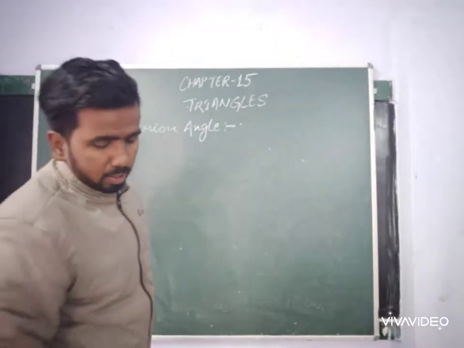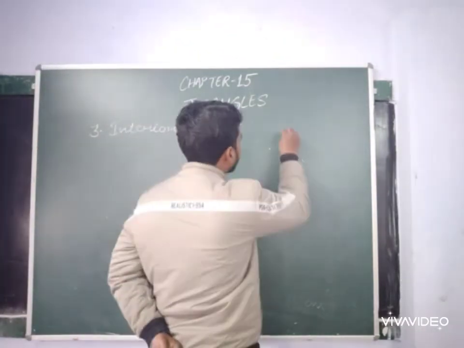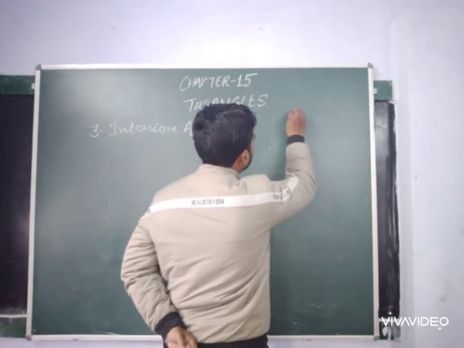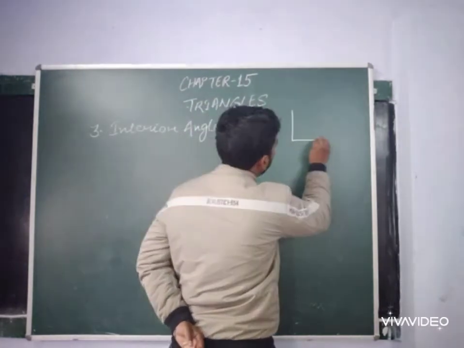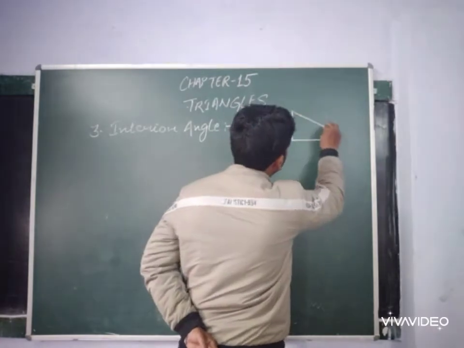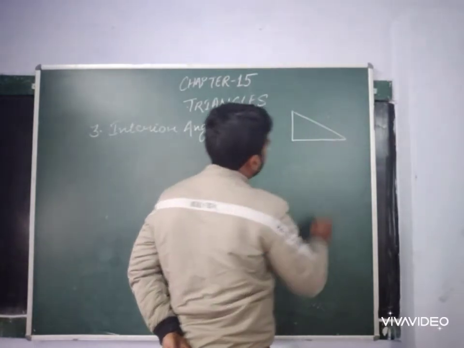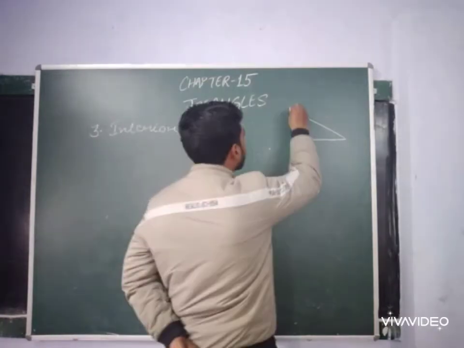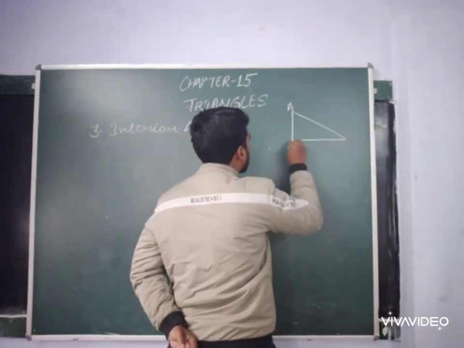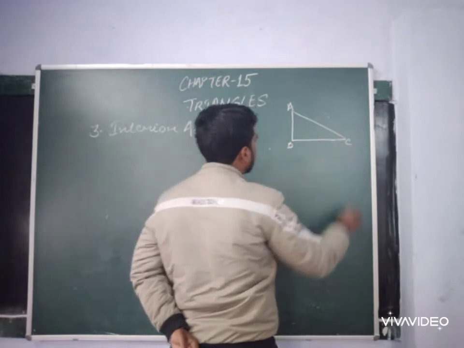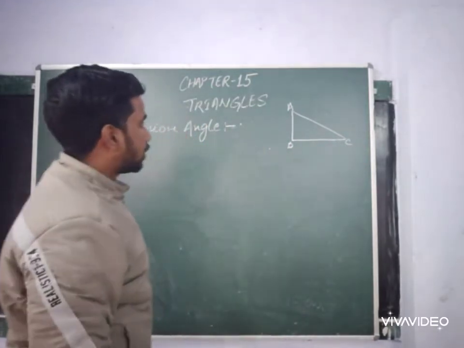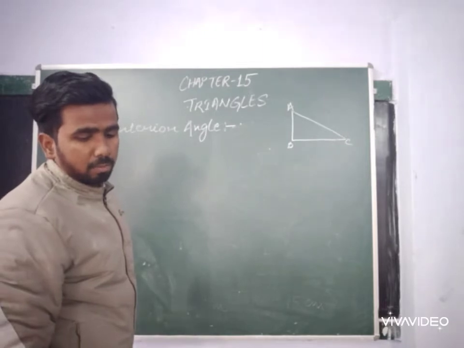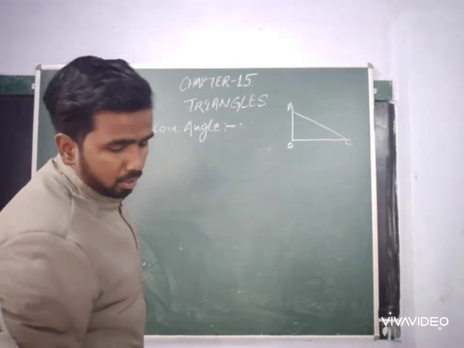So now let me make a figure. Suppose this is your figure, and the name of this figure is ABC. The point names are given to us. So let us understand what is meant by the interior angle.